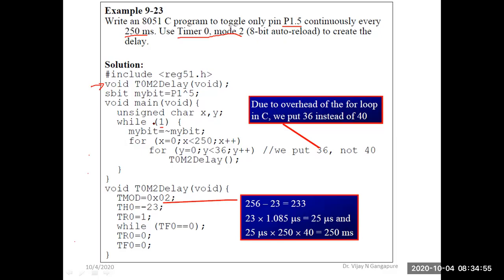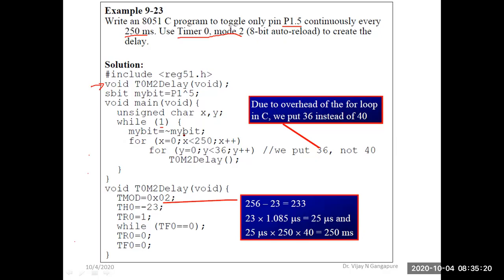While(1) is an infinite loop, which means whatever statements are in between the opening and closing braces of the while loop will get continuously executed. Now see what happens. mybit = ~mybit; here the tilde is the inversion operator, that is the NOT operation.